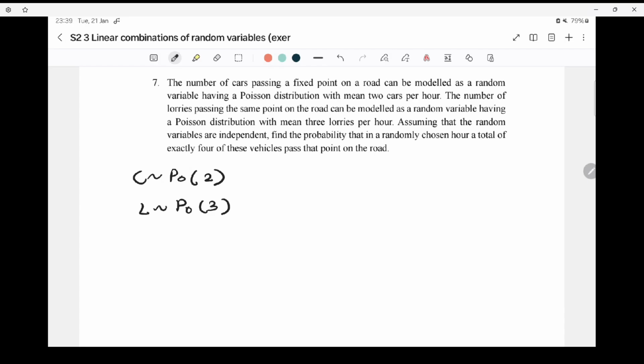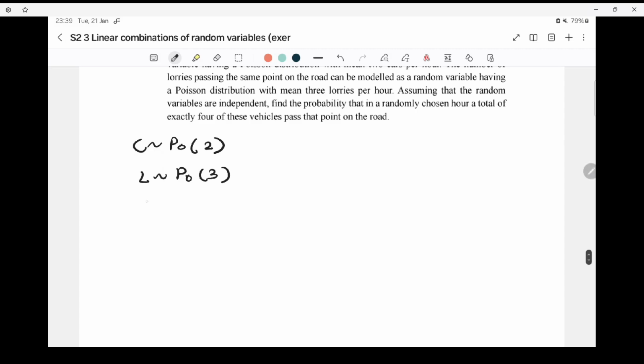Assuming they are independent, find the probability that in a randomly chosen hour, a total of exactly 4 pass the point. So this means that you need to find C plus L equals 4.